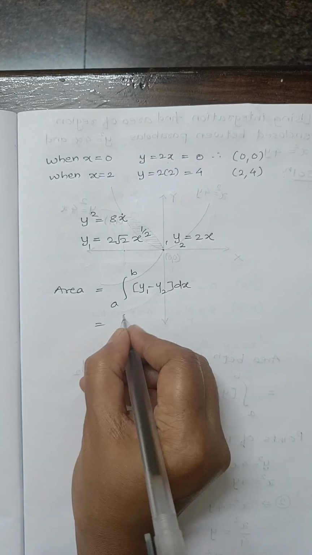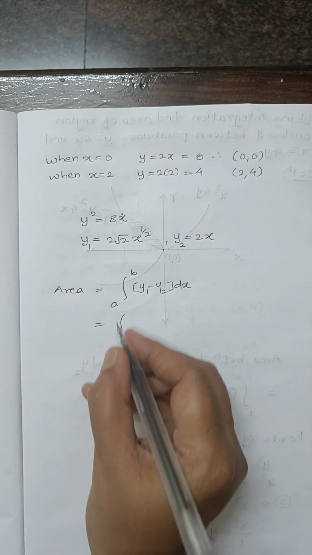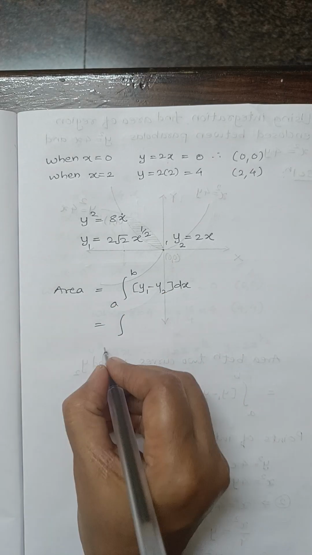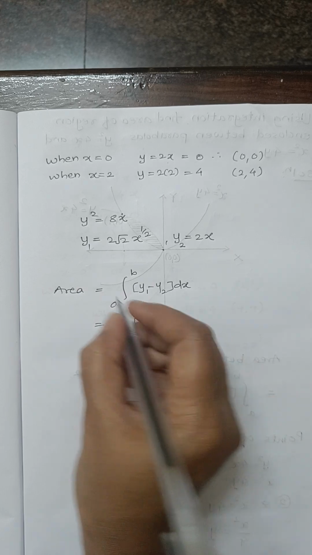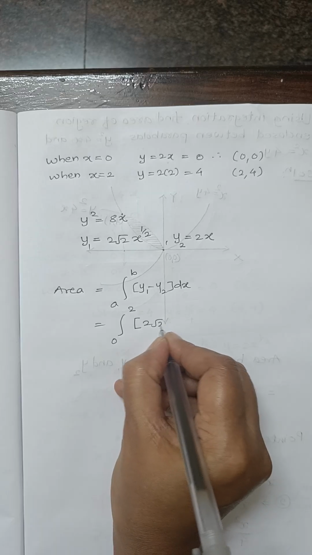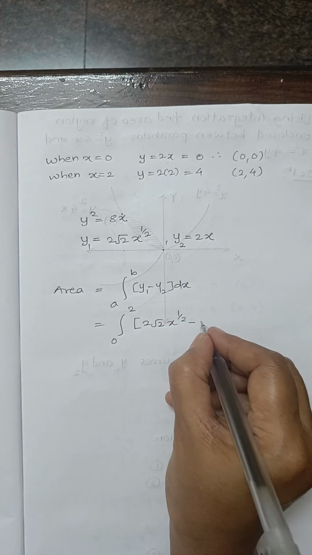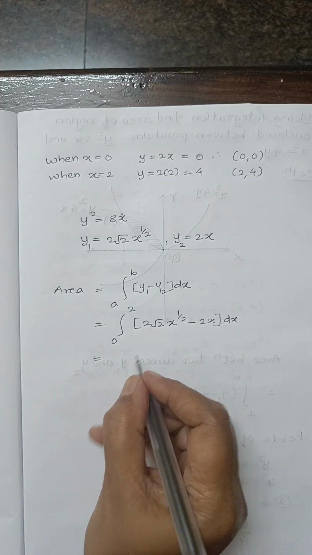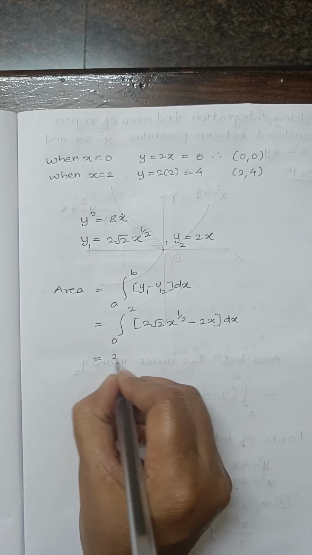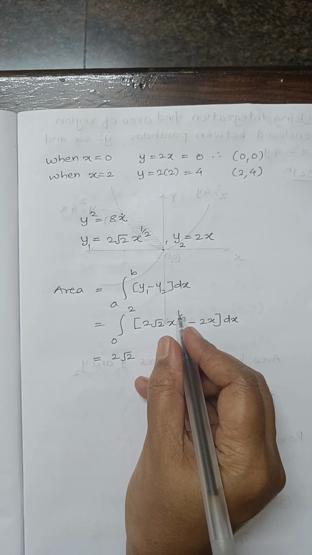Now the area enclosed between two curves, the formula is the integral from a to b of y1 minus y2 dx, is equal to the integral where the limit of x varies from x is equal to 0 to x is equal to 2, of y1, which is 2 root 2 x raised to 1 upon 2, minus y2, which is 2x, dx. Here 2 root 2 is a constant number, times x raised to 1 upon 2.